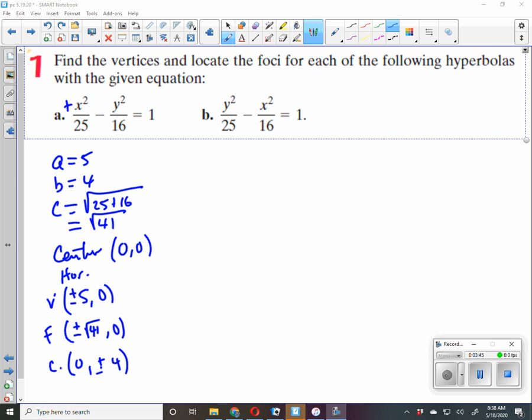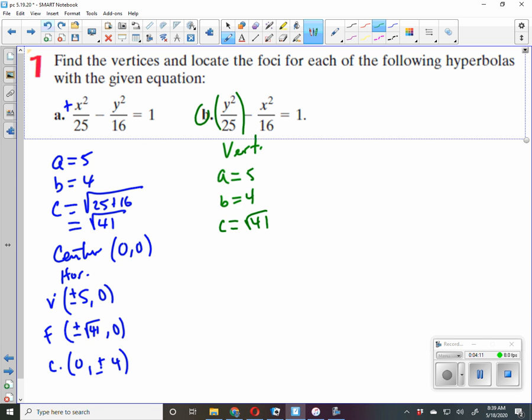So here we go. The next one, part B, says that we got a y squared, so we know this is a vertical hyperbola. We know a is 5. B is 4 still, so c is going to be the square root of 41.